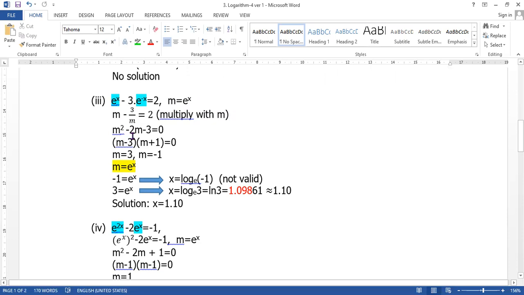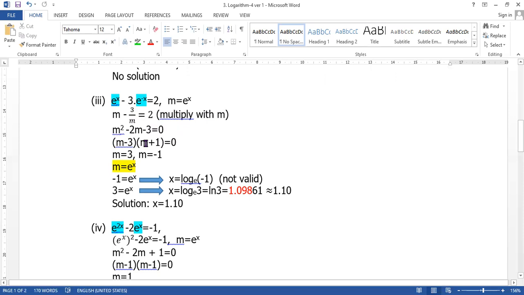And we get m squared minus 2m, because 2 we move to the left side and we multiply with m, we get minus 2m. And minus 3m because m multiplied with m here. So that's why only 3.